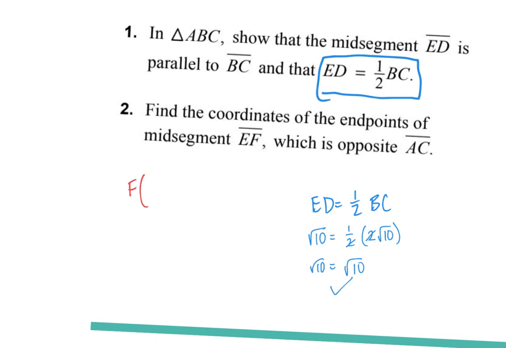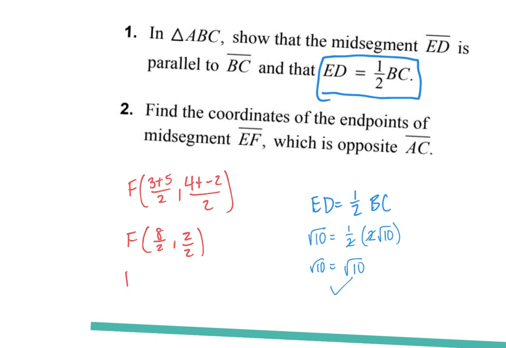So F is going to be 3 plus 5 over 2 and 4 plus negative 2 over 2. 3 plus 5 over 2 is going to give us 8 over 2. 4 plus negative 2 over 2 is going to give us positive 2 over 2.